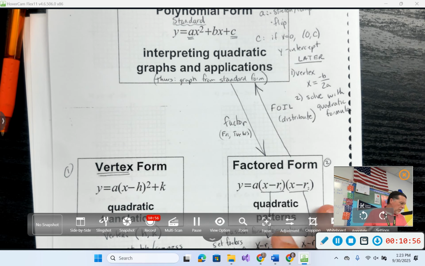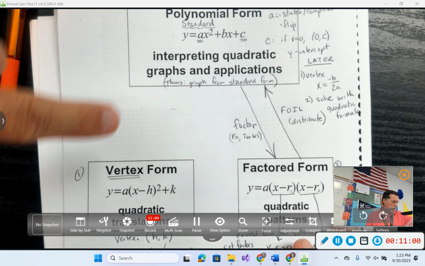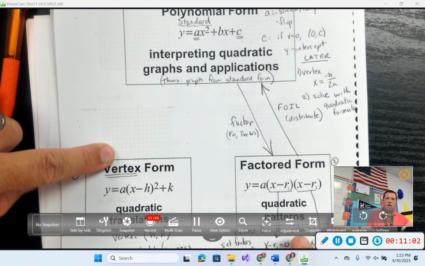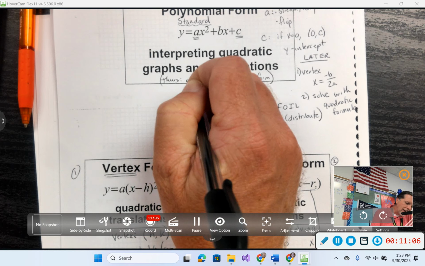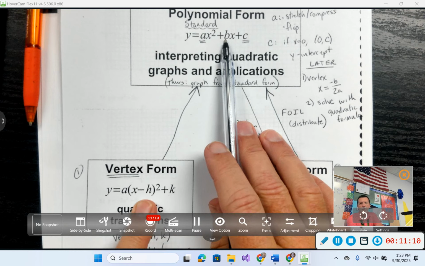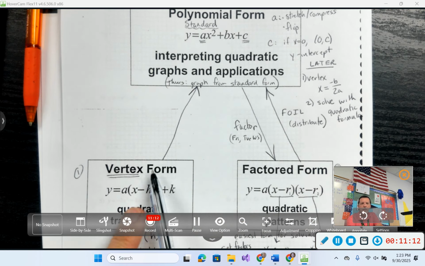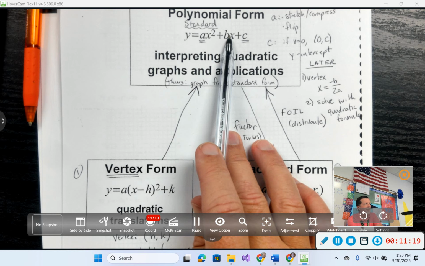One more thing I want to make a connection with, and that is how to get from standard form to vertex form. I would say, or I think you could figure out how to get from vertex form to standard form. What would you do if it looked like this and you wanted it to look like that? Dylan, you going to answer that question?